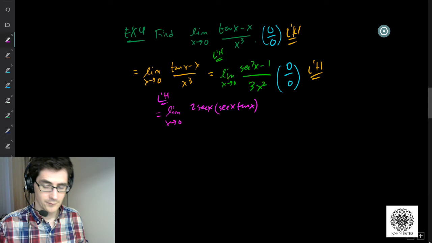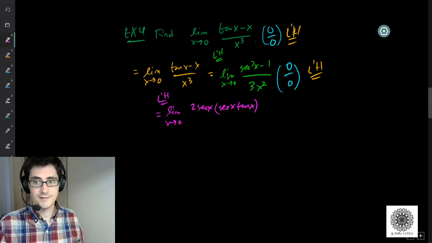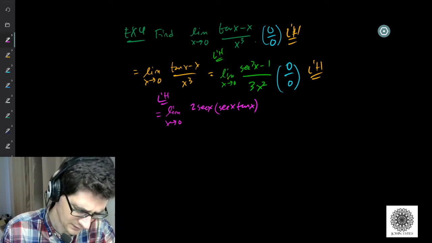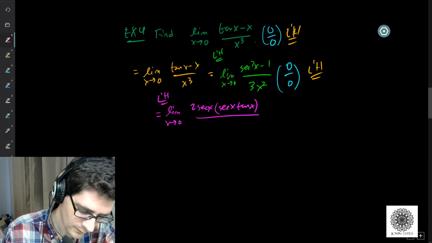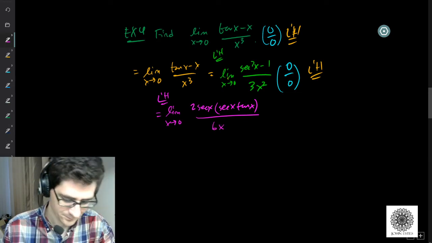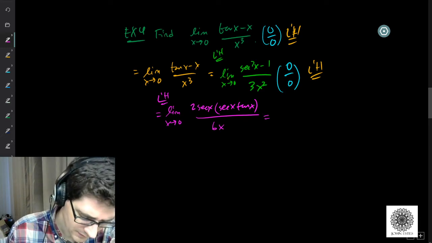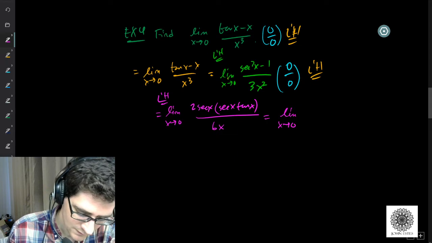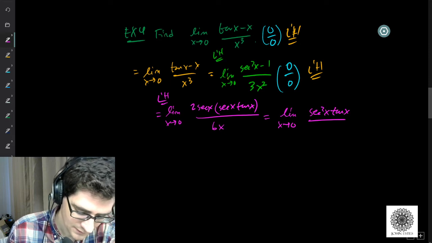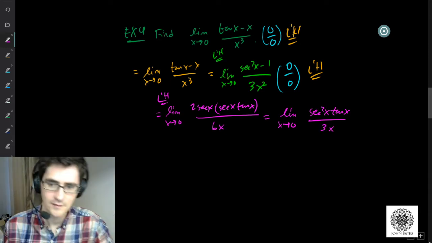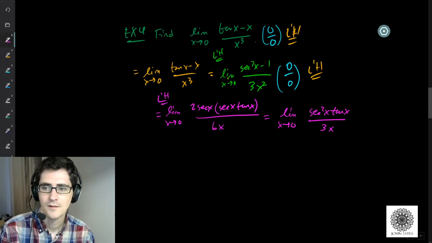And then the derivative of 1 is 0. Okay, so I just have 2 secant x times secant x tangent x over the derivative of the denominator, which is 6x. Okay, so cleaning this up a little bit, I end up with secant squared tan x over, the 2 and the 6 can cancel out to give me a 3x in the denominator, like that.